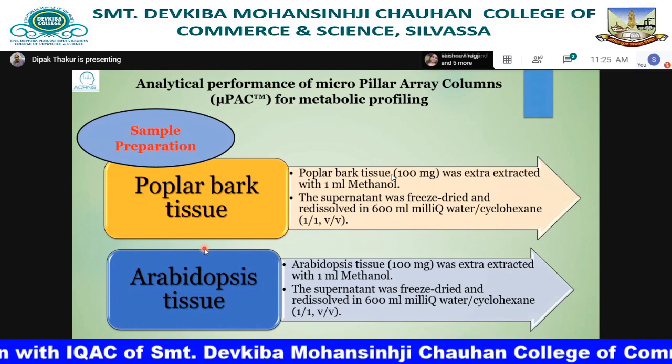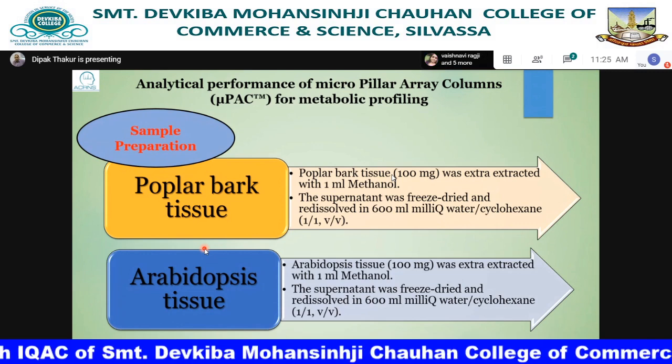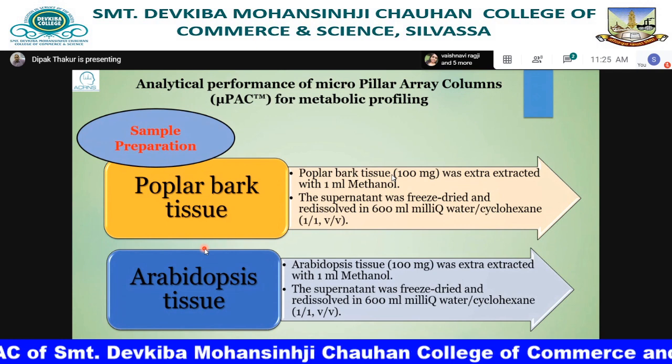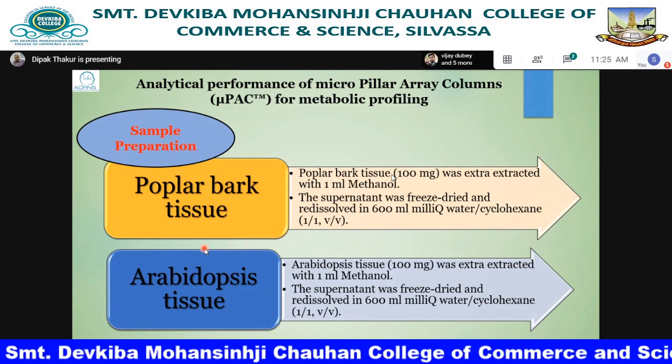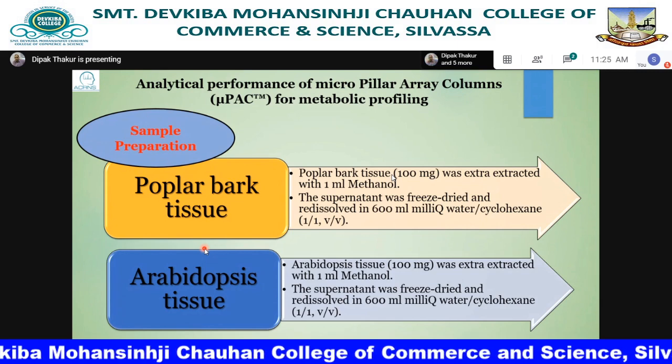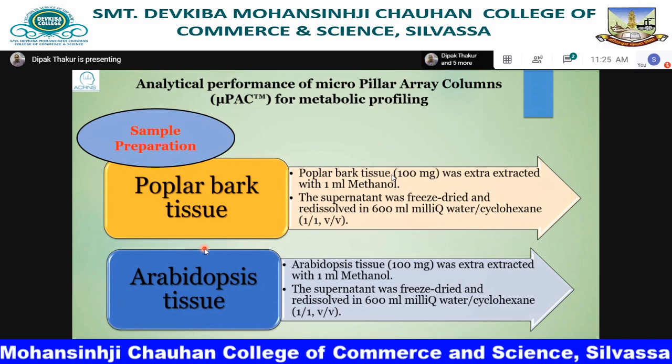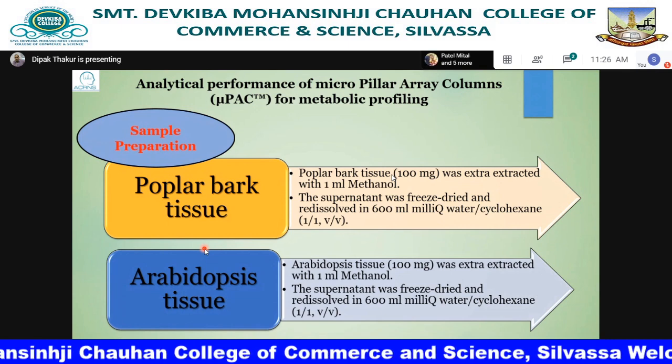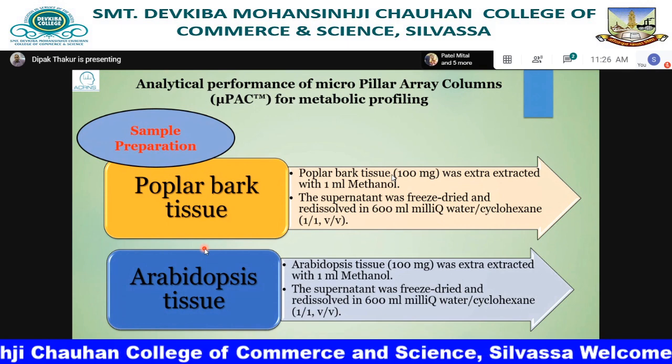And why are these two examples taken? It was known that these trees and plants have metabolites which fight against infection due to insects, the attack of insects on these trees.